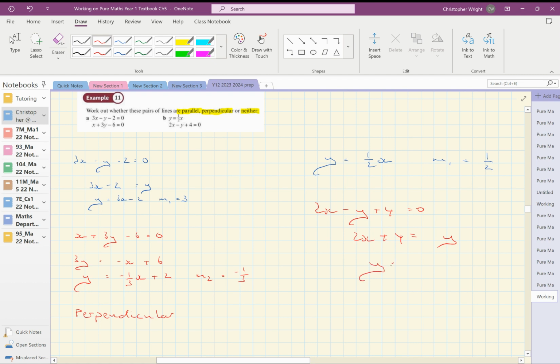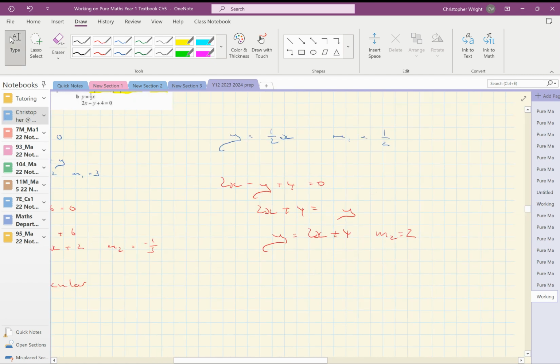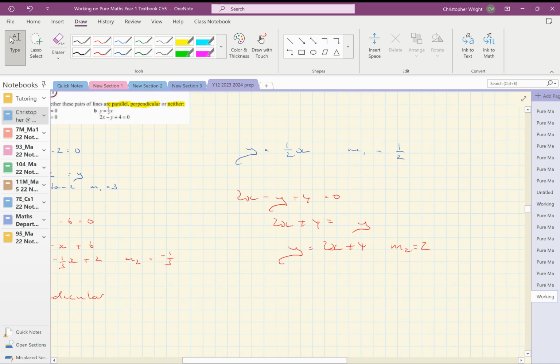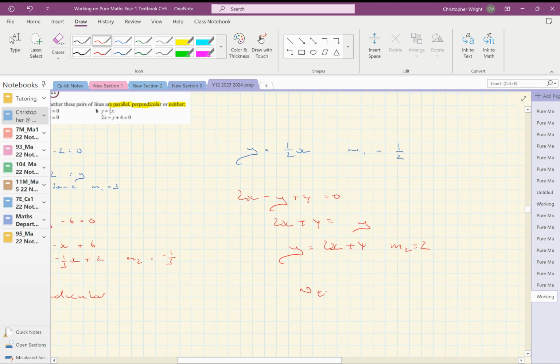So I can see that y is 2x plus 4, and so the gradient m2 is 2. So the two gradients aren't equal to each other, nor is one gradient the negative reciprocal of the other. So these lines are neither parallel nor perpendicular. So I'm going to write neither.